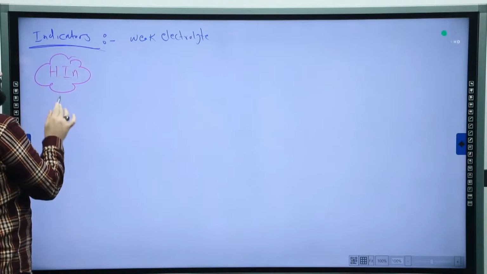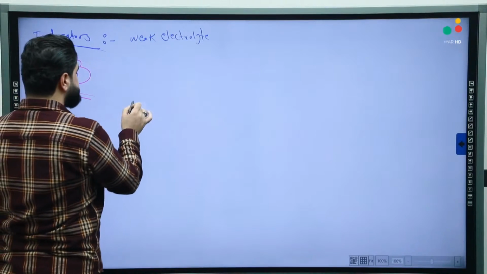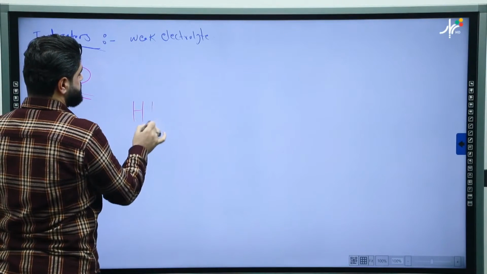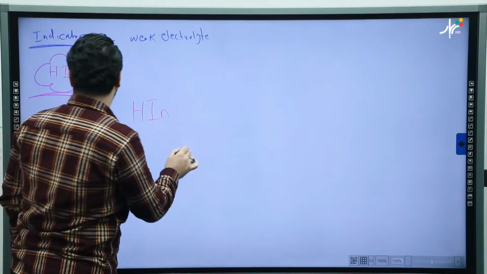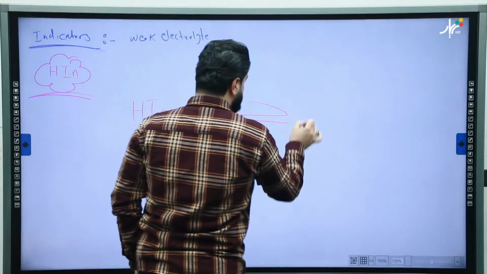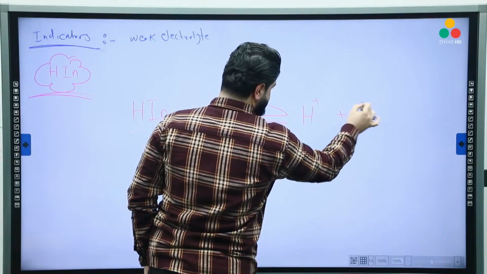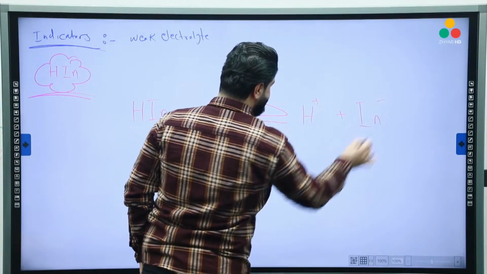Indicators are weak electrolytes with the symbol HIn. They ionize according to this equation, this reaction, with a reverse direction, producing H plus plus In negative.